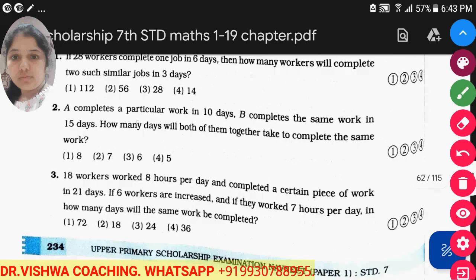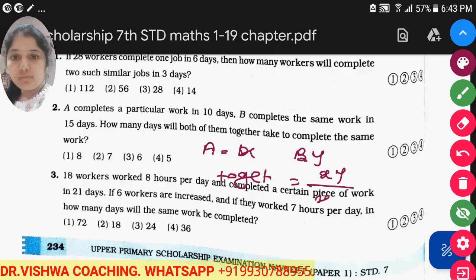A works 10 days for the particular work, B works 15 days to complete it. So we assume that A takes X days and B takes Y days. Then together they do the work in XY upon X plus Y days.